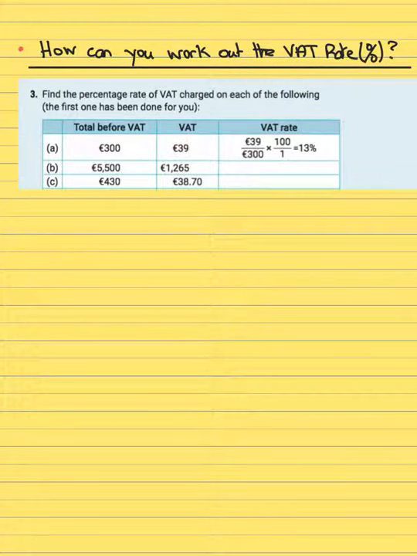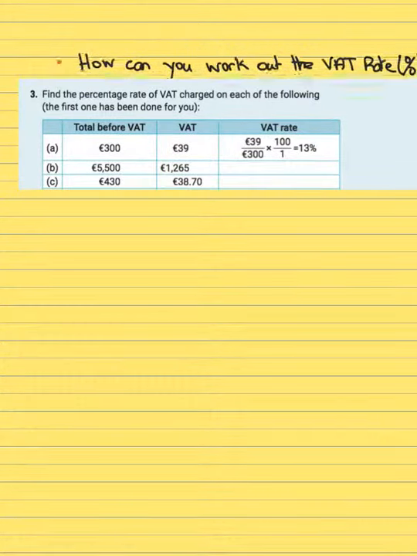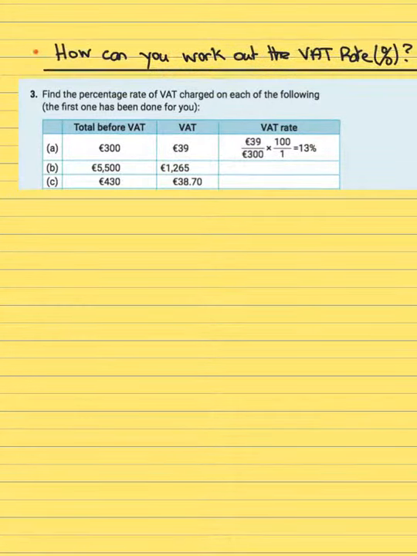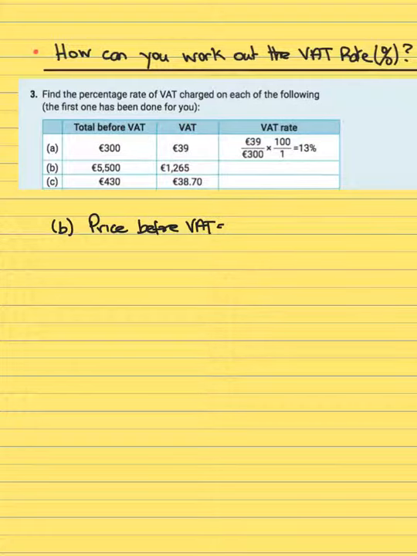And in this question, we're going to actually work out the VAT rate. See how much the VAT rate is, very important. So once again, I'll do part B. The price before VAT is 5,500. And the actual VAT amount is 1,265.